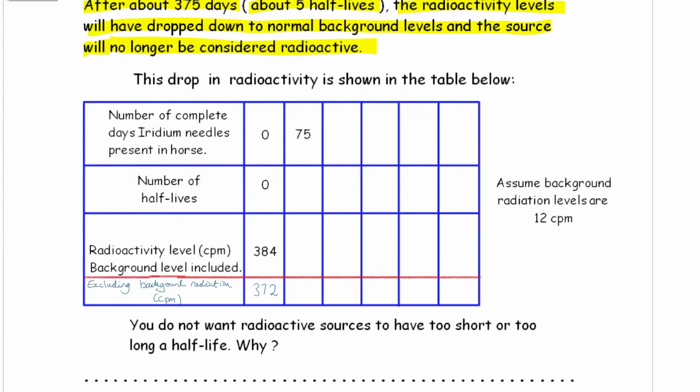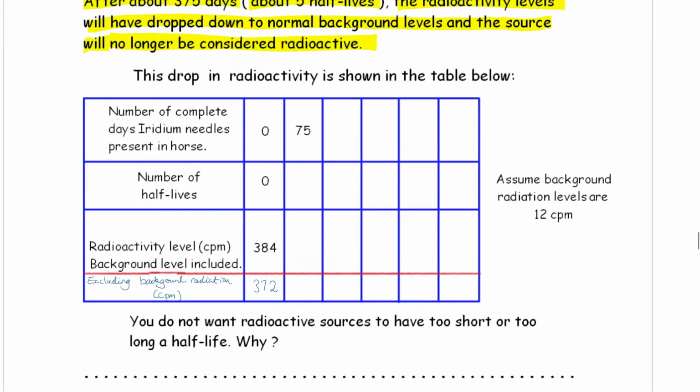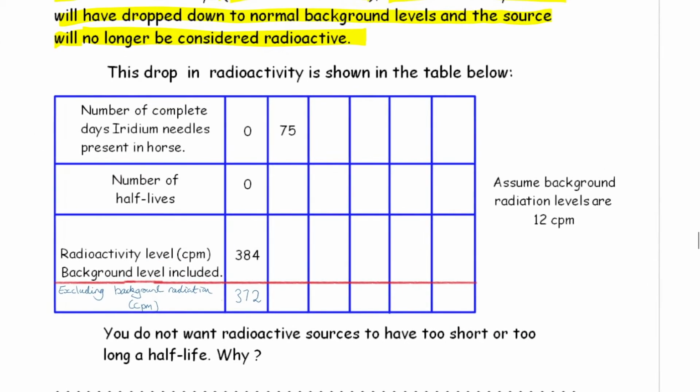Now, turning back to your booklet, and remember now you're on page 41, let's apply that to this data. Remember that the half-life of iridium is 75 days. So after 75 days, half those atoms would have decayed.